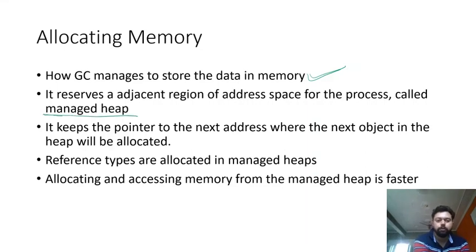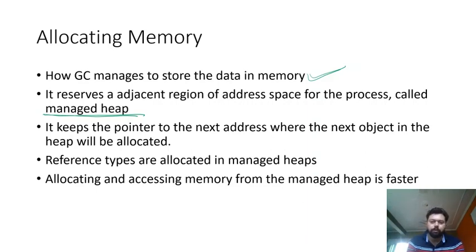So the allocation of memory is done in the managed heap when we create an object. The object requires a region of this address space for the process. This is called the managed heap.